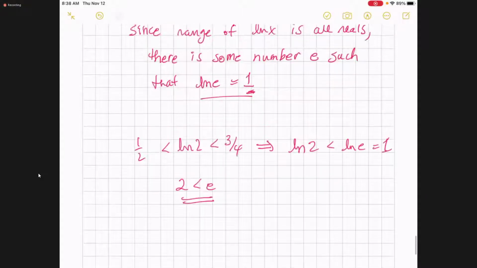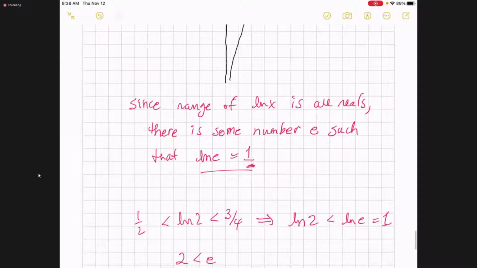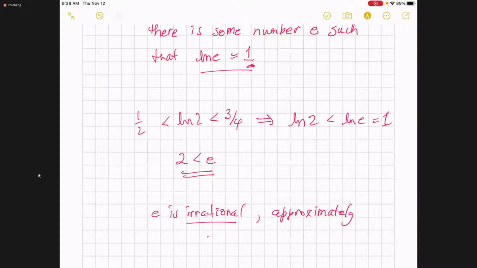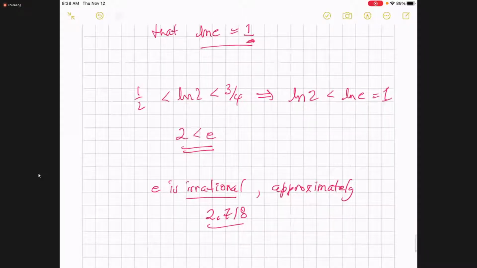In fact, well, e is irrational. All the really interesting numbers are. It's approximately 2.718. So pi is irrational, e is also irrational.